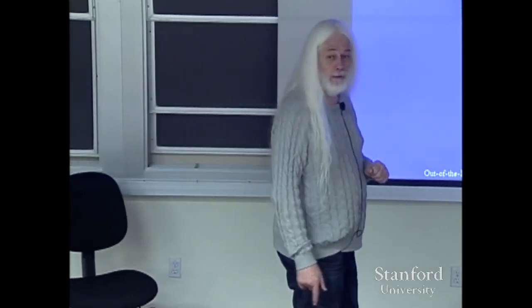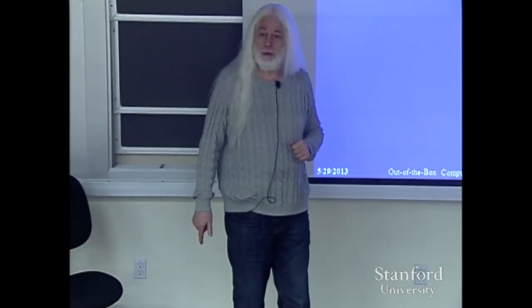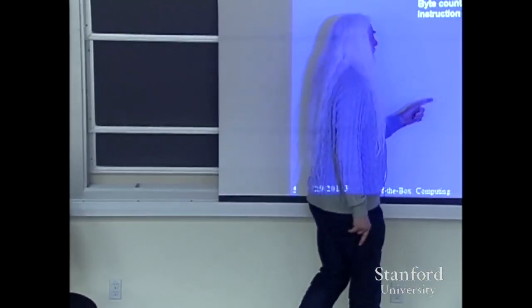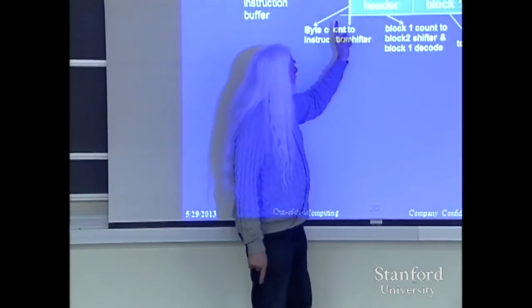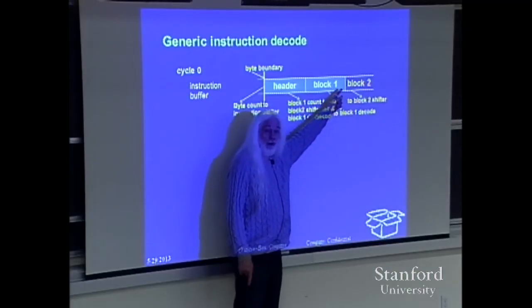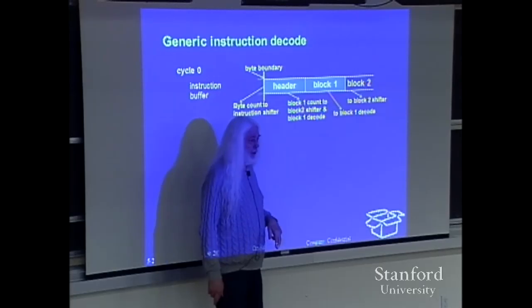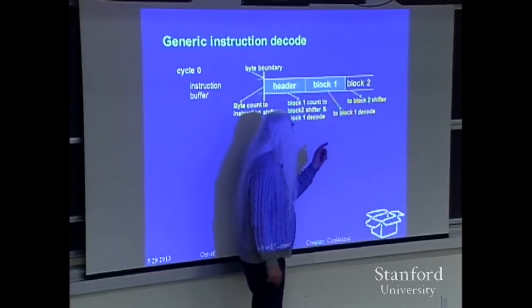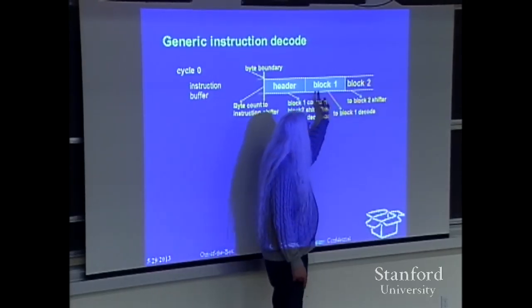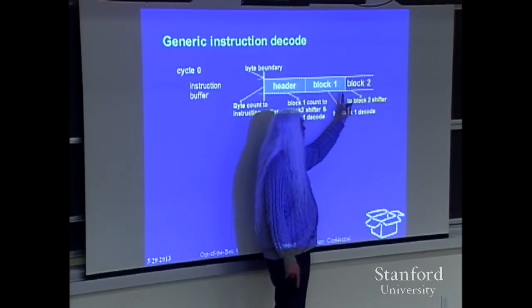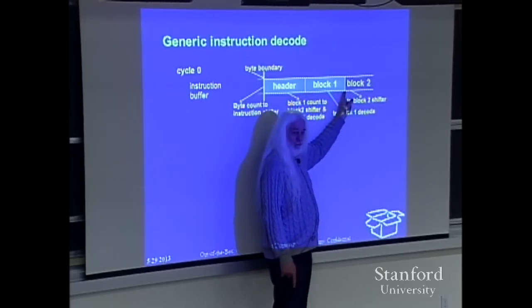So we can immediately begin decode of block 1. In addition, because we know how many are actually present in block 1, we'll send that count to that decoder and shifter so it can know how much to throw away. In addition, because we know how many there are, we know where that is.